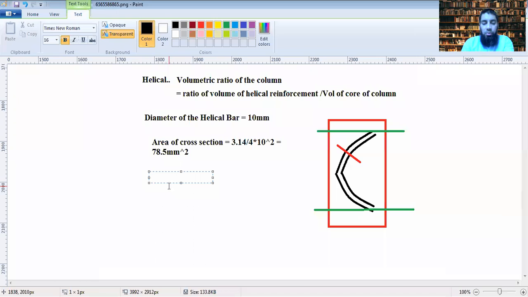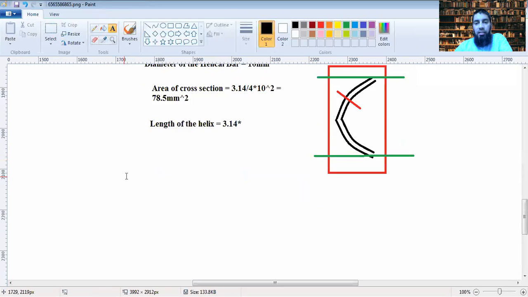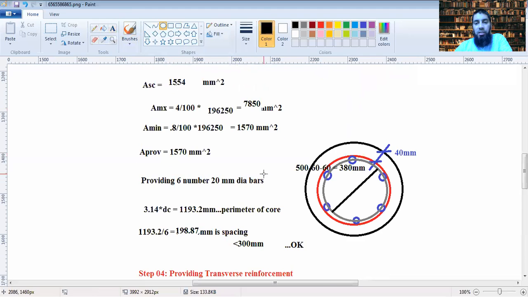That would be equal to the length of the helix, which is 2 pi r, or you can say pi d, 3.14 into d. D is the diameter of what? The circle in which it's enclosed. Which circle?